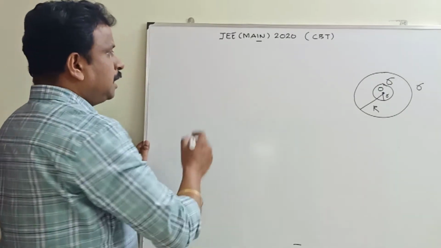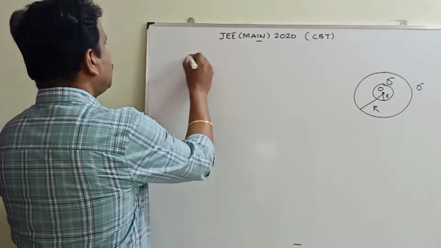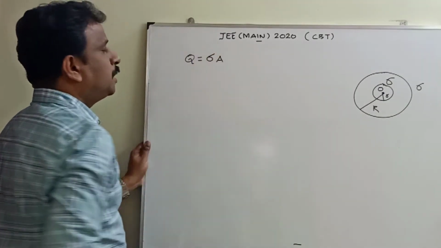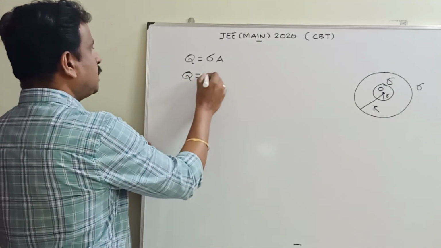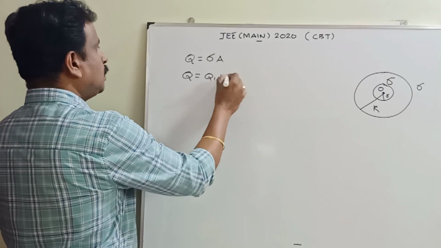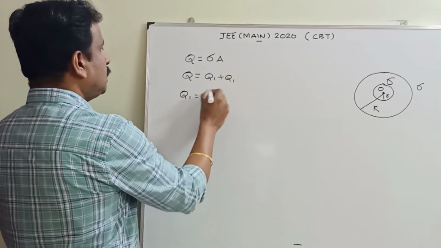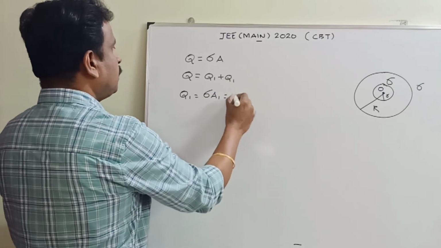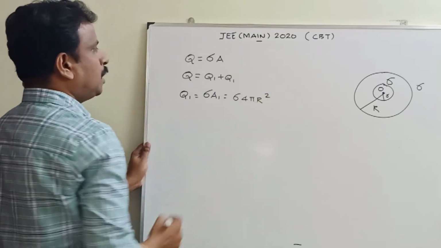Yes, we know very well the charge distribution on a spherical surface is equal to charge density into area. So the total charge given to the spheres is q1 plus q2. Let me first find out what q1 is. q1 is equal to sigma a1, for the bigger one is sigma into 4 pi into capital R square, the total surface area.